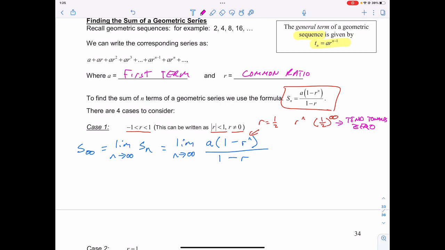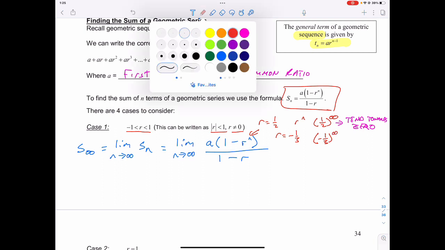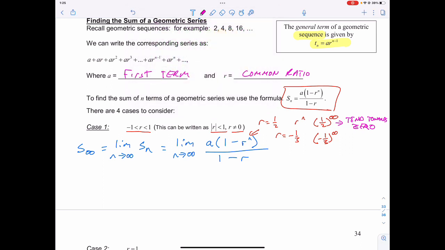The same thing if I said that r was instead -1/3. Then I'm going to have -1/3 to the power of infinity. And once again, this is still going to tend towards 0.